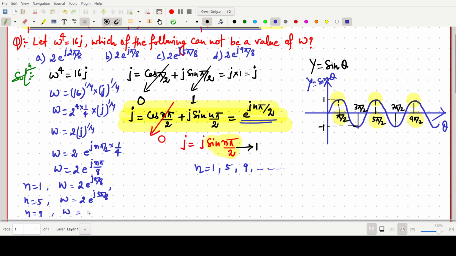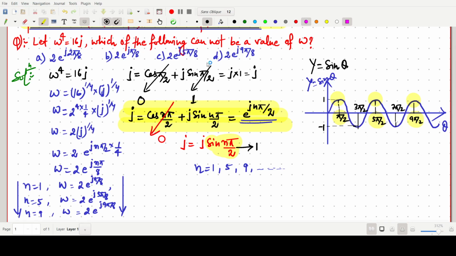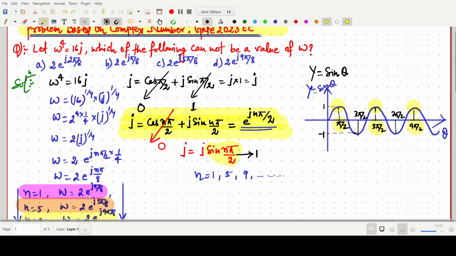The w value will be 2 e to the power j 9 pi by 8. Like this it will increase. Okay, for n equals 1, this one is the value. n equals 5, this one is the value. And n equals 9, this one, 9 pi by 8. So these are the values.